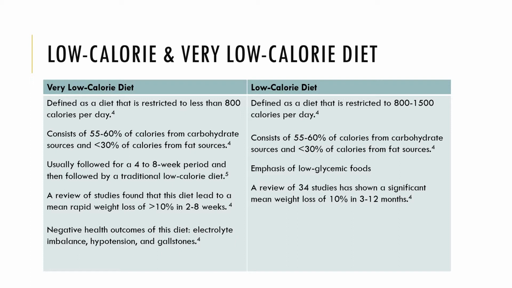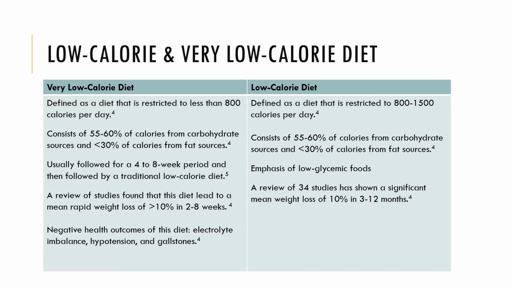The diet is 4 to 8 weeks, followed by traditional low-calorie diets. It has shown a rapid mean weight loss of greater than 10% in 2 to 8 weeks. However, there are negative outcomes noted, such as electrolyte imbalances, hypotension, which is a lower blood pressure, and gallstones. It's important to note that this diet needs to be supervised by a healthcare professional.